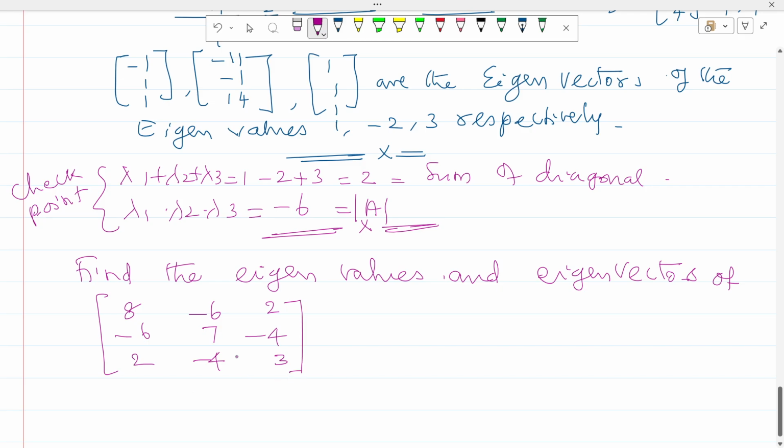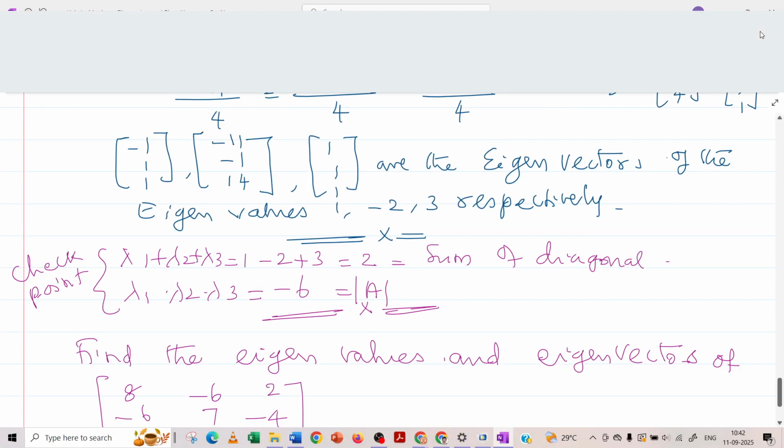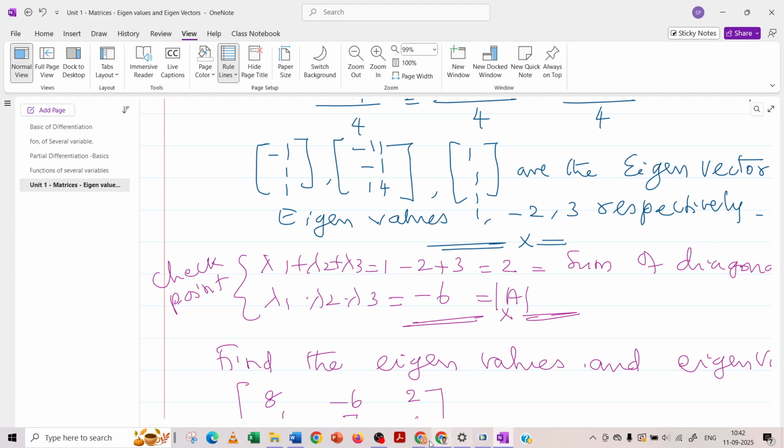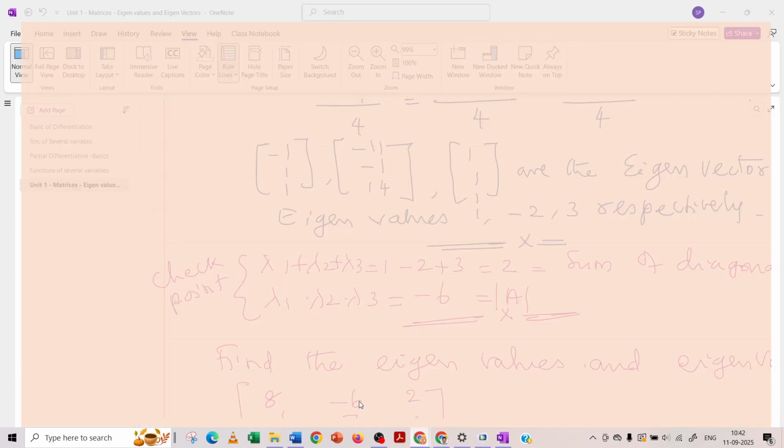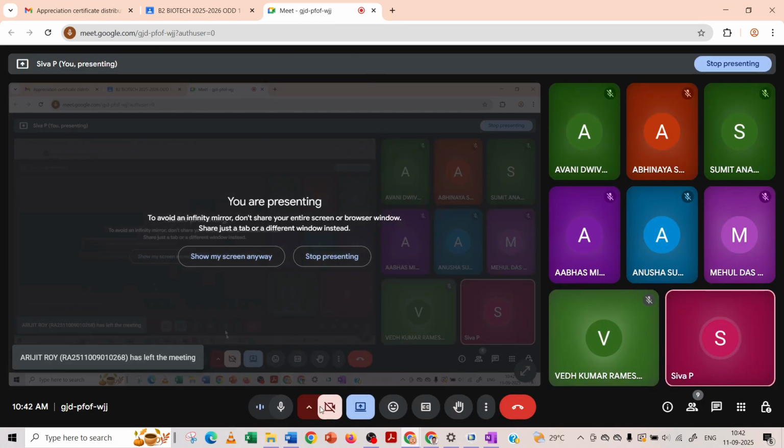This is important and simple also. This is the matrix. Just wait, one minute. Please stay.